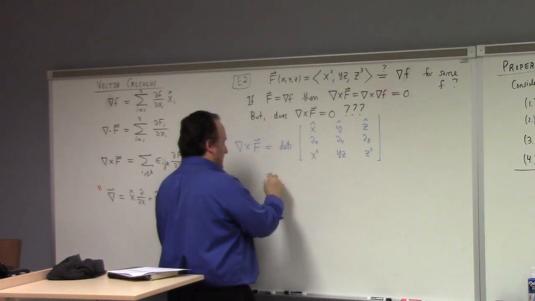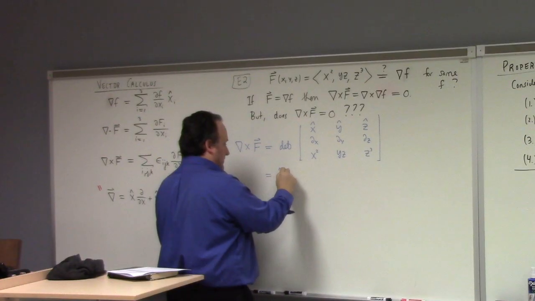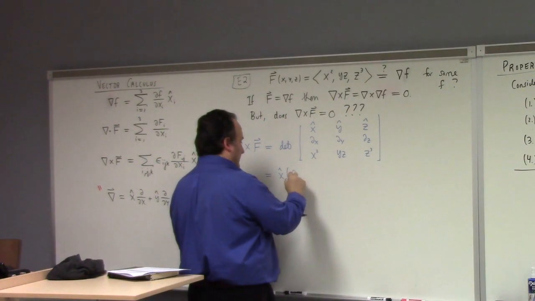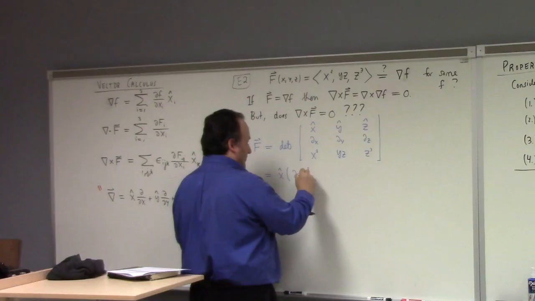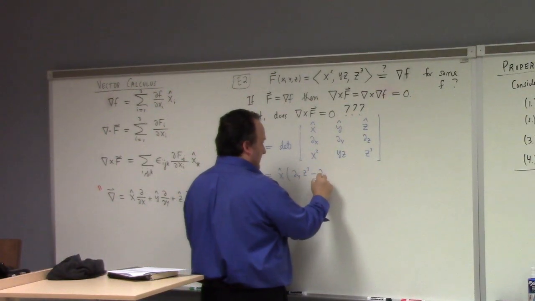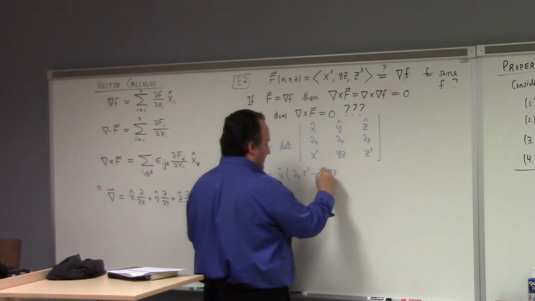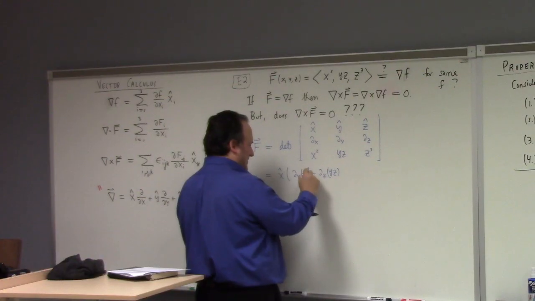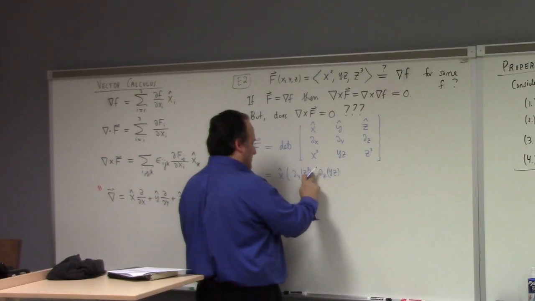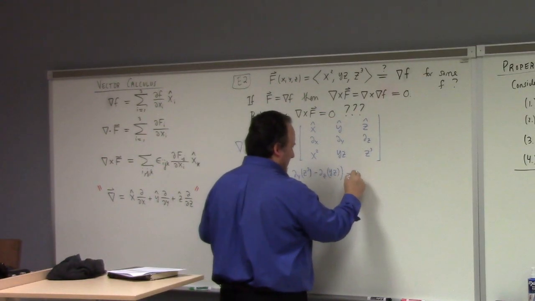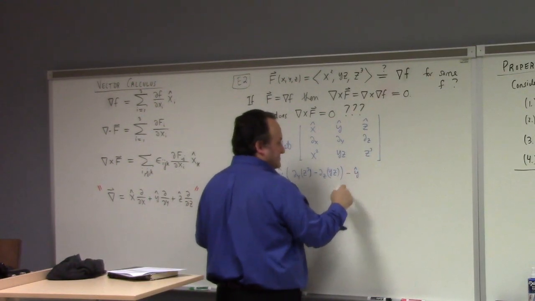So the way this works is we do x hat times partial y of z cubed, minus partial z of yz, right? The derivative has to come first. You guys get that, right? Yeah? Okay.